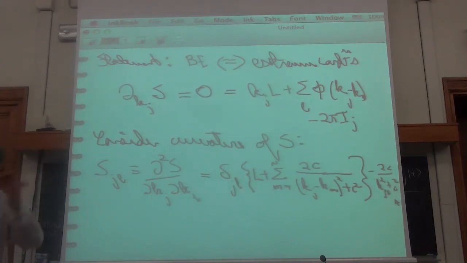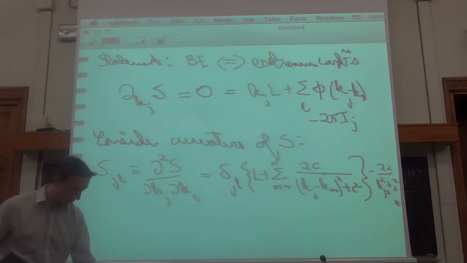So this is an n by n matrix that we will talk about a bit later on.